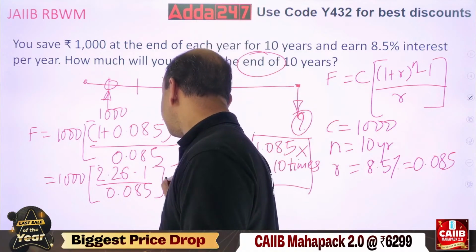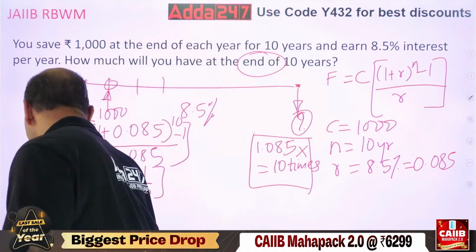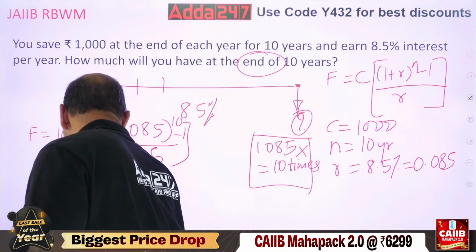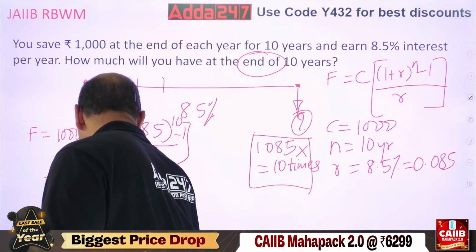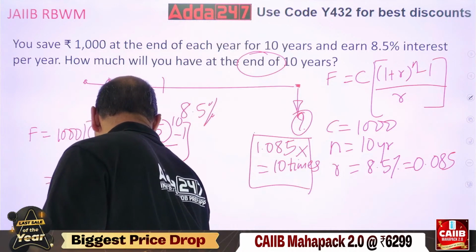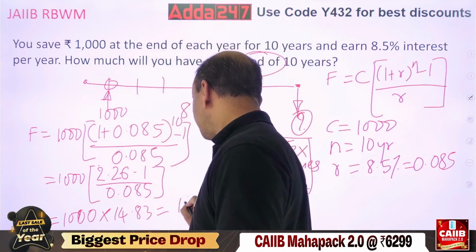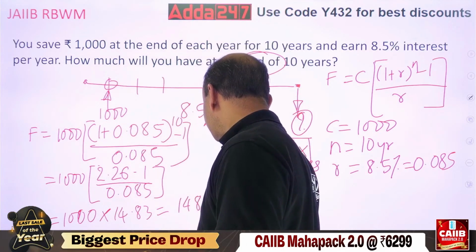So I'll write it over here: 1000 into 14.83. Multiply this with 1000, so that is equal to 14,830.